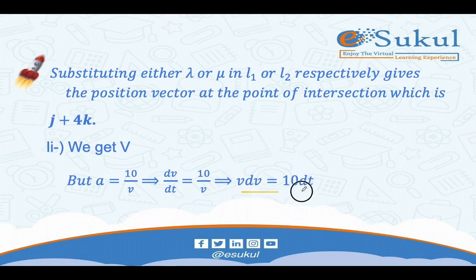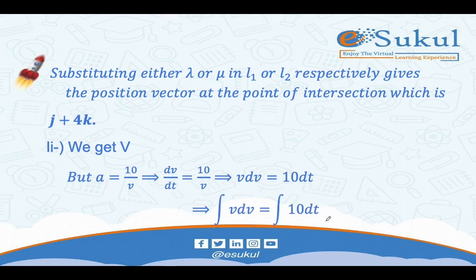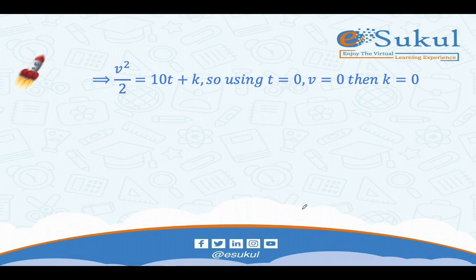When we do the calculus, we have v dv equals 10 dt. So by integration on both sides, separating the variables as a differential equation, we have v squared on 2 equals 10t plus k, where k is the constant of integration.